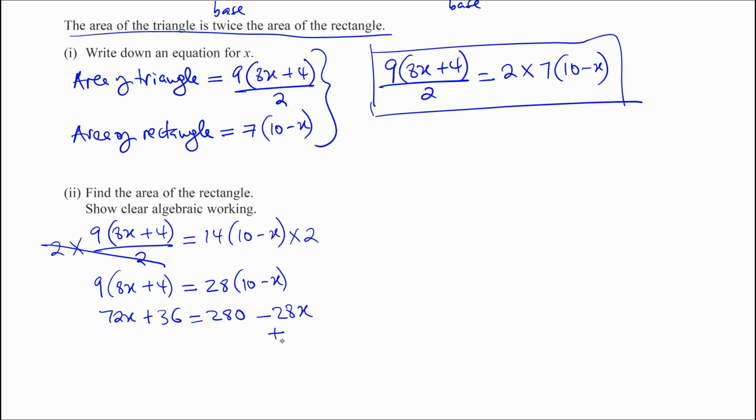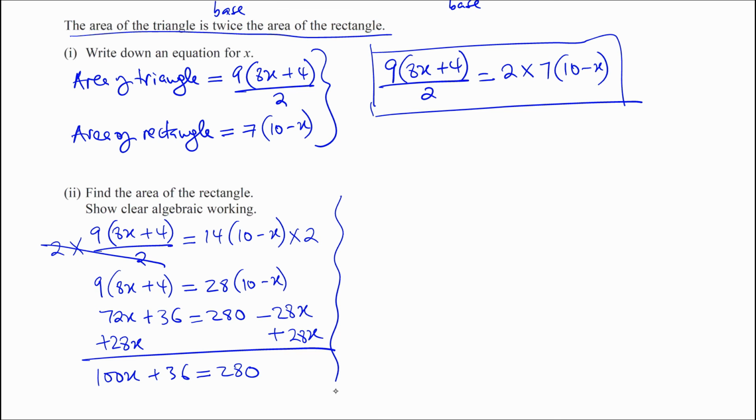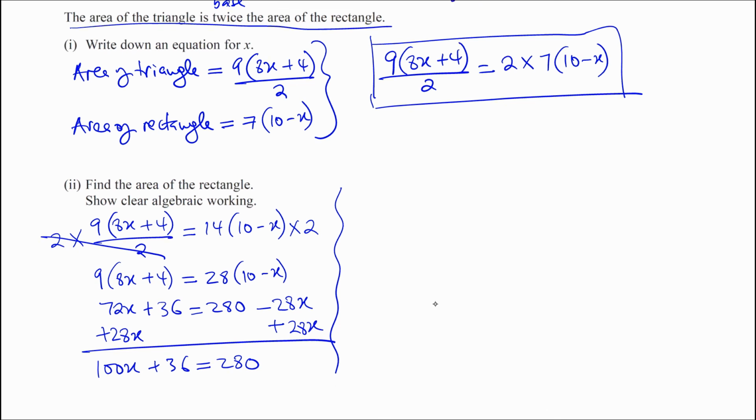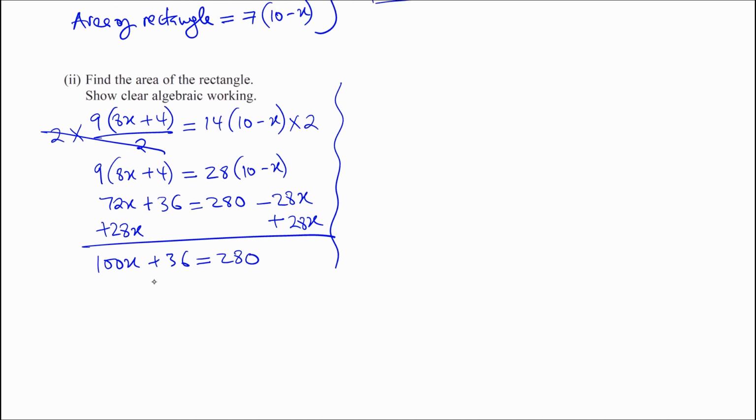And then get rid of the 28x by adding 28x on both sides. So we end up with 100x plus 36 is equal to 280. So basically we can carry on and just solve this equation.